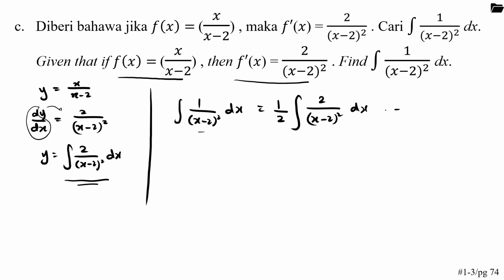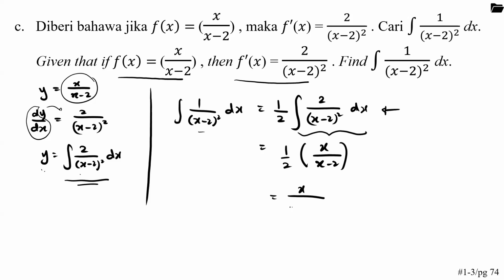So this line, are you okay? Therefore, I already know the integration of this is y, and y is x over (x minus 2). So half times x over (x minus 2), multiplied in. So we have x over 2(x minus 2). Can you leave it like that? Can. If you want to open it, also can. This will be the answer.